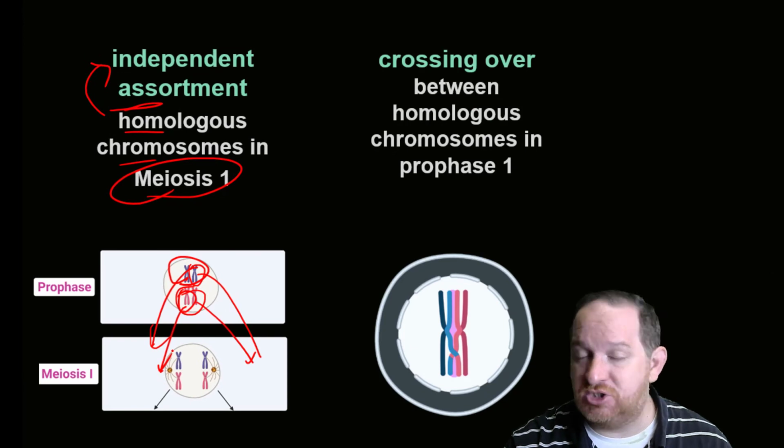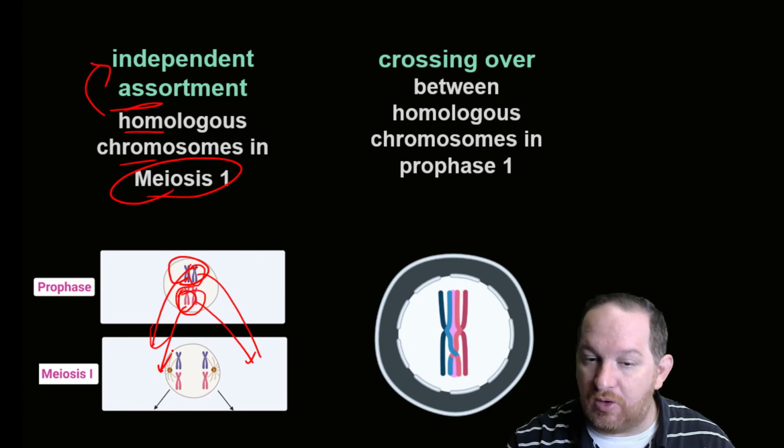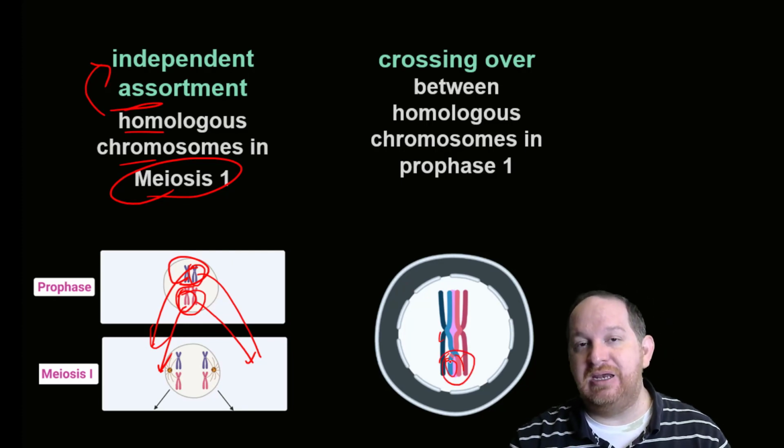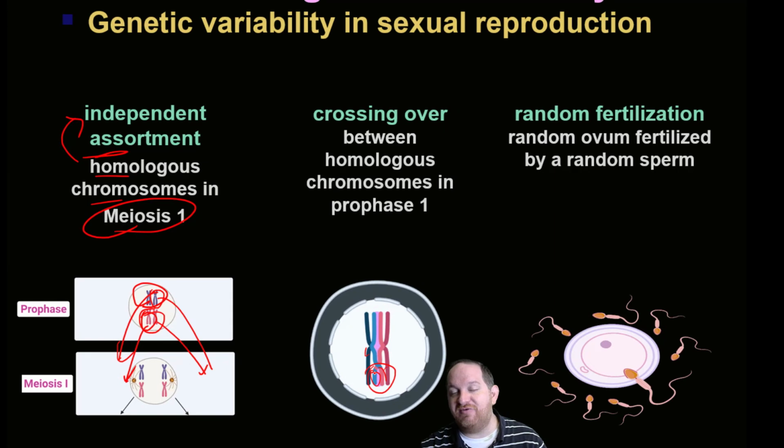Second source of variation that we mentioned was crossing over. You see here, again, in prophase 1 that this crossing over, so this chromosome gave a little bit to that chromosome, and they swapped. And that increases genetic variation. And the final one that we mentioned, of course, was random fertilization.